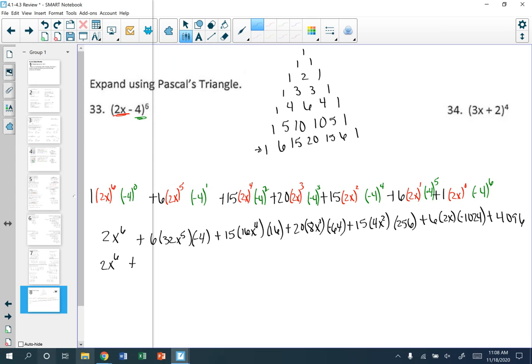6 times 32 times negative 4 gives me negative 768 x to the 5th plus, and multiply those out to get 3,840. That was messy.